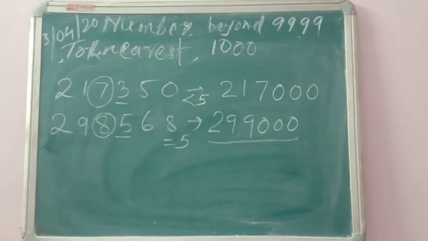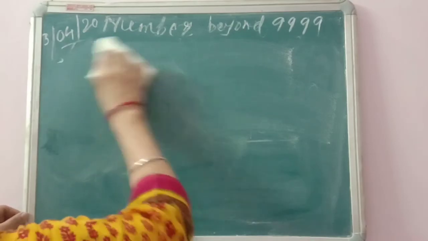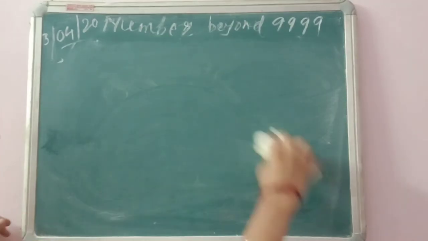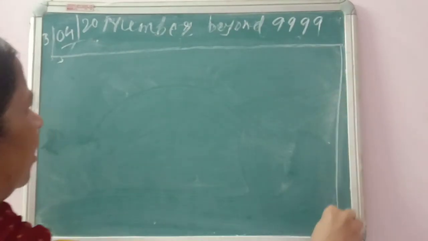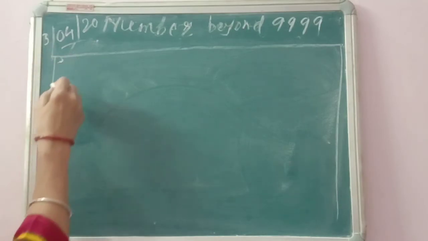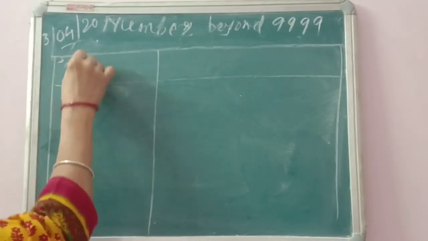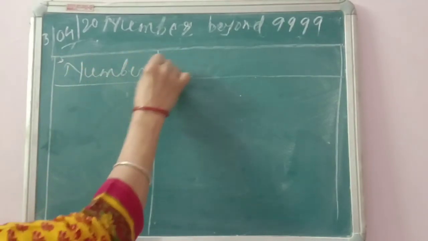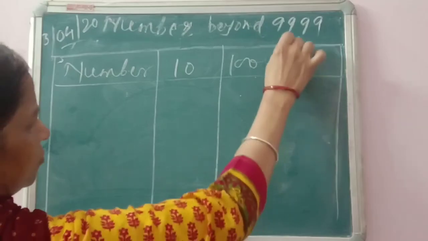Now I will give you a few numbers. You round off these numbers to the nearest 10, 100 and 1000. Make this table, and I am giving you a few numbers to round off to the nearest 10, 100 and 1000.